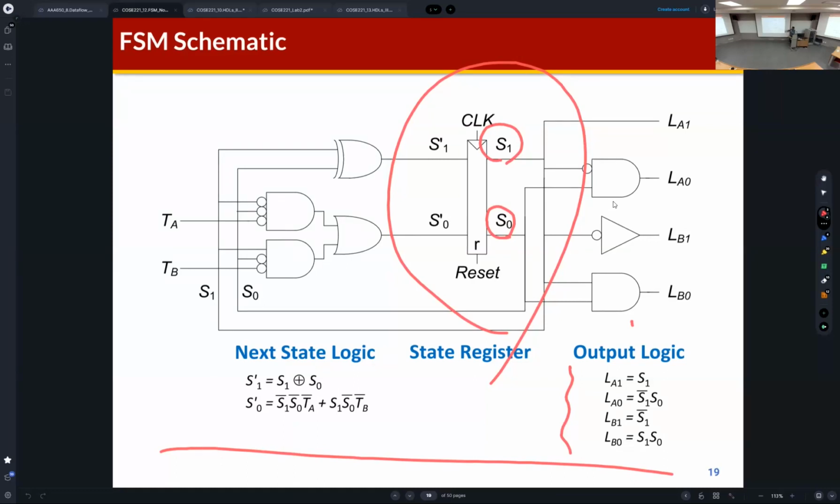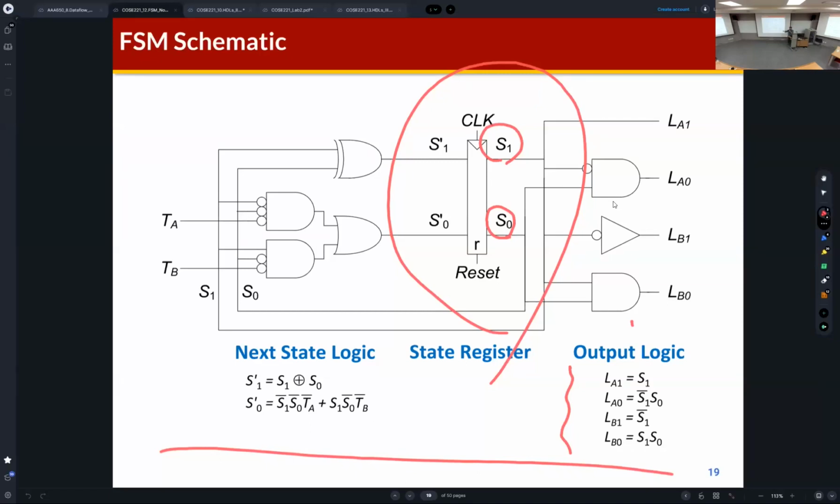The FSM requires three different kinds of blocks, including combinational and sequential logic. The FSM is composed of a state register. Since the state is changing, we need to store the current state, and then based on the current state and input signals or input conditions, the next state will be decided.